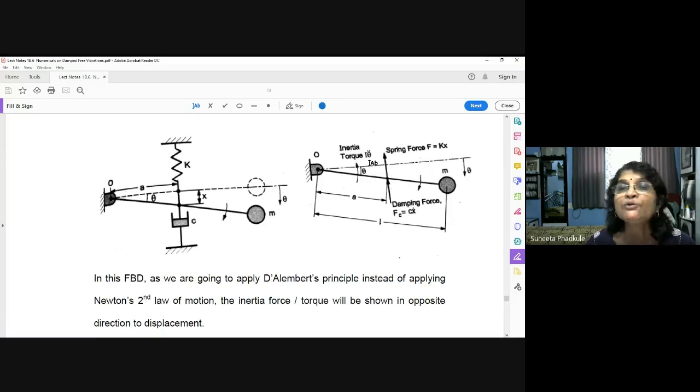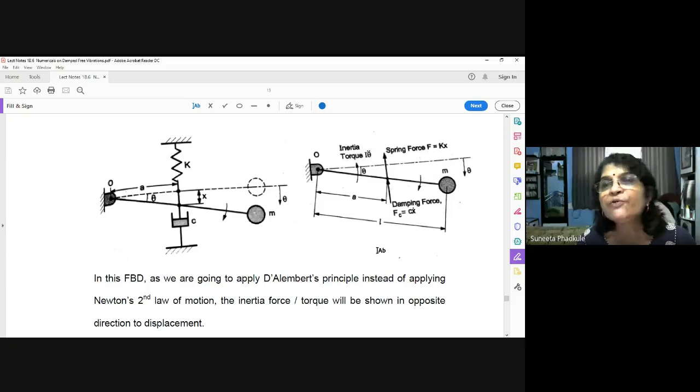Now the question is, in the earlier section, we solved the problem to determine the natural frequency by applying Newton's second law of motion. Here, this problem I have purposely solved using D'Alembert's principle. What is the difference between Newton's second law and D'Alembert's principle? See, in Newton's second law, F is equal to ma. That means the force applied is in the direction of motion.